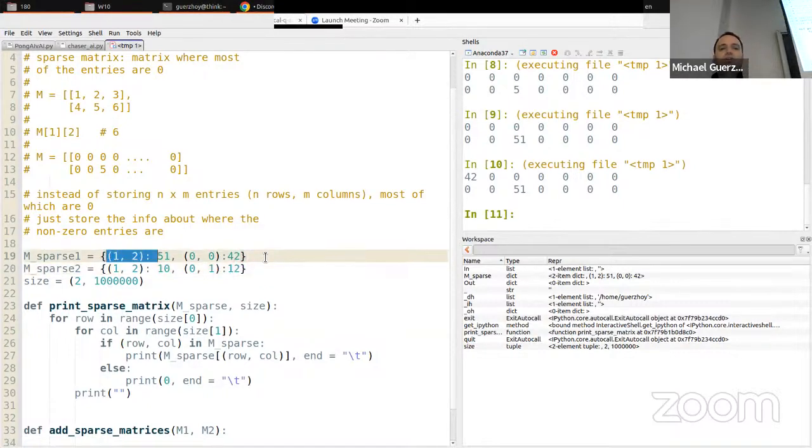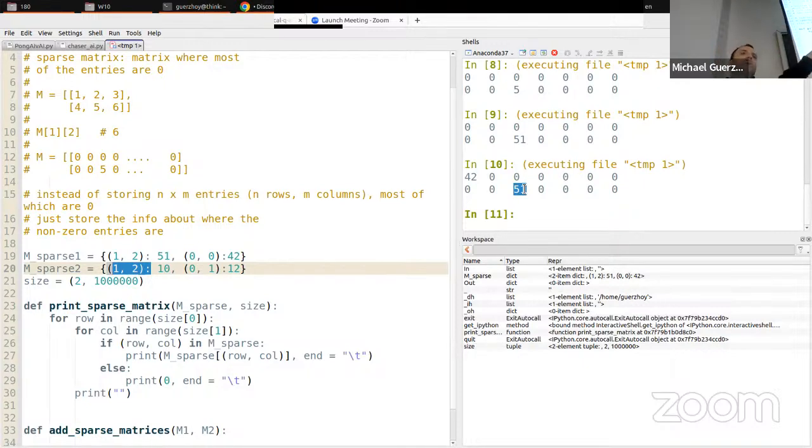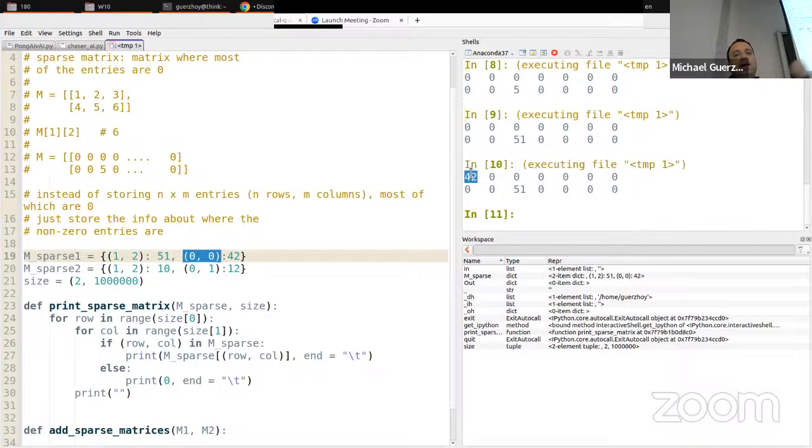So we have 1, 2, and 1, 2 here matches. So this means that at this location, one matrix is 51 and another is 10. So the sum should be 61. Here we have 0, 0, which doesn't match. So at this location, it should be 42. And then at location 0, 1, so this guy, the sum should be 12, because 12 plus 0. Make sense? Questions?